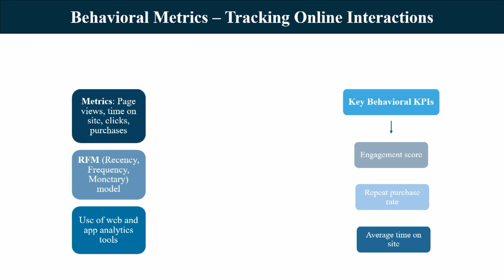Now, coming to this behavioral matrix, especially in the digital space. Some of the simplest forms of metrics in the context of digital space might include page views, the number of pages viewed, time on the site, what is the average time spent in a single session, how many clicks are being made and how many purchases are ultimately made.